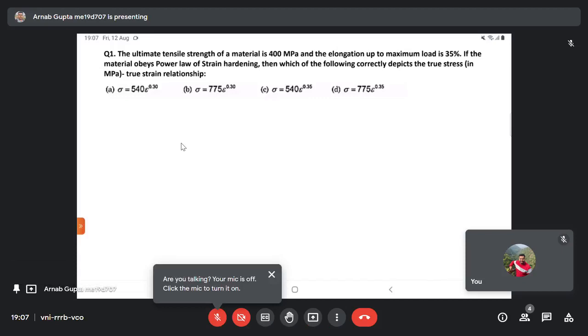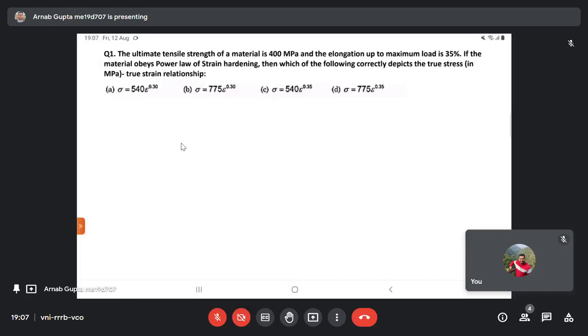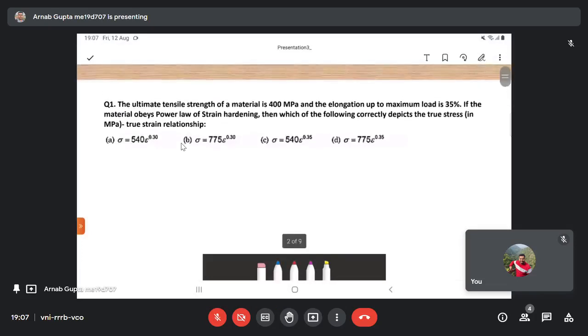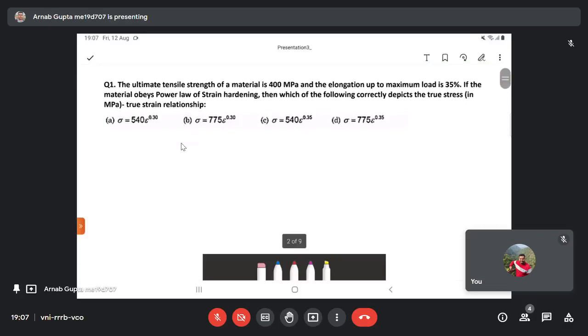So the thing is, in the last week, we have seen the relationship between the true stress and the engineering stress, and how the stress strain curve differs if we move from the engineering stress, engineering strain domain to the true stress, true strain domain. For a tensile test, this is sigma and epsilon.